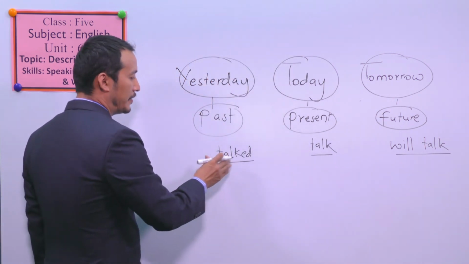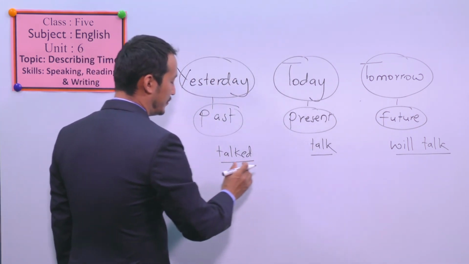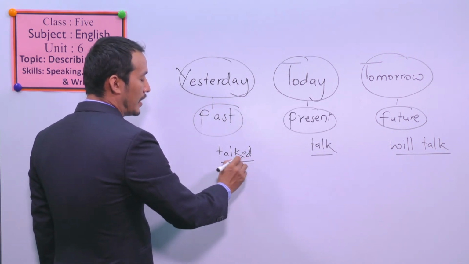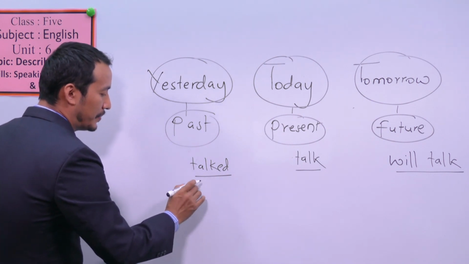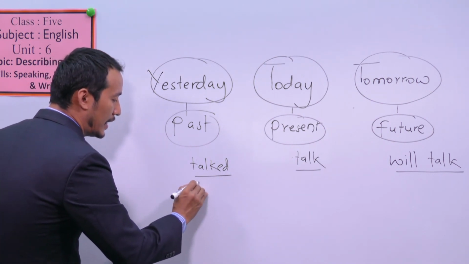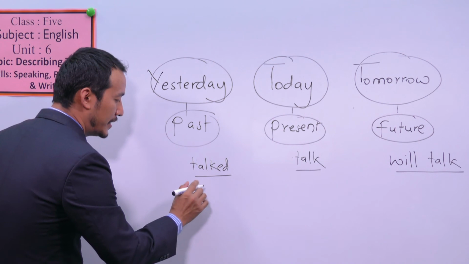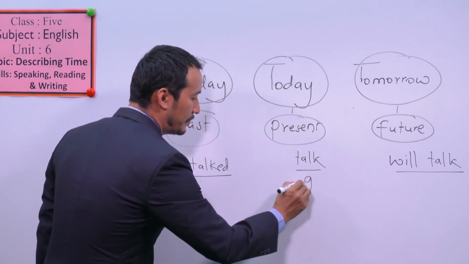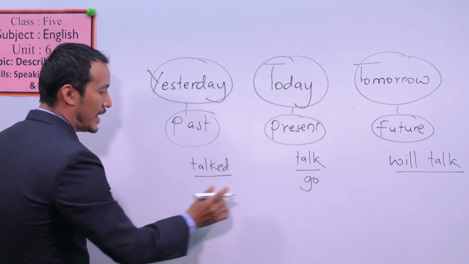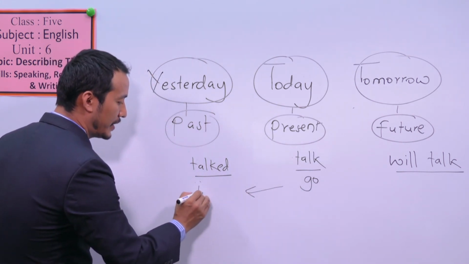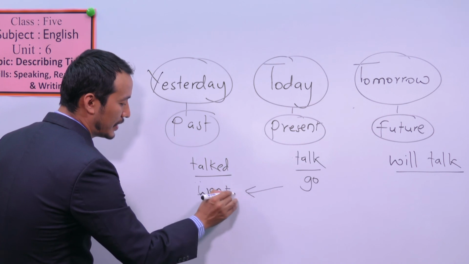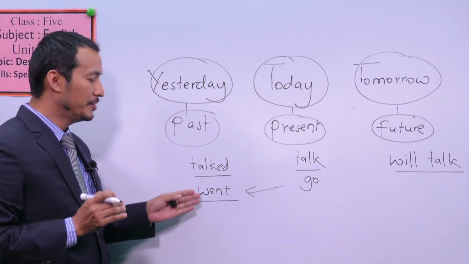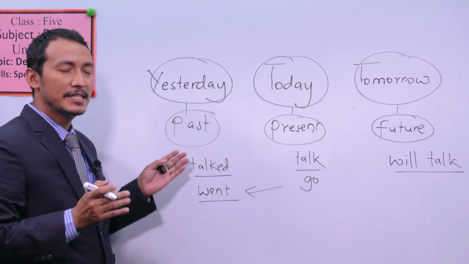And we have regular and irregular verbs as well. For regular we use just ed to change the verbs. For irregular we change the words. For example, some words like, let's write here present form go. The past form of go becomes went. So when you are talking about yesterday, you have to use went, not yesterday I go.